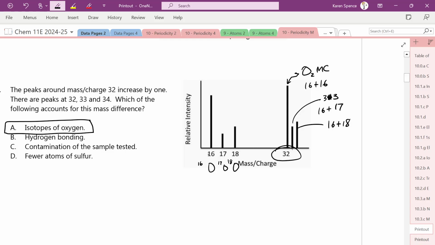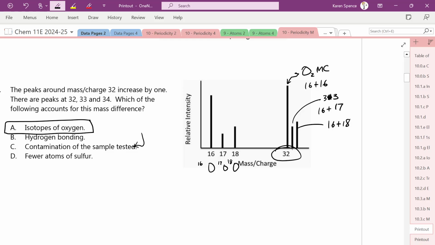But how would you get a 16, 17, and 18 out of sulfur? You'd have to have half an atom, and that's not reasonable. Contamination of the sample tested, that would be a lot of contamination. Anyway, usually mass spec is about isotopes.